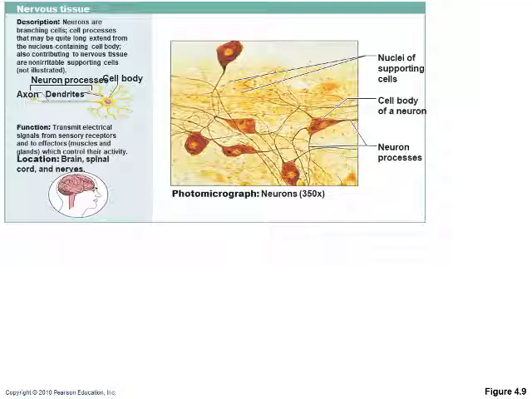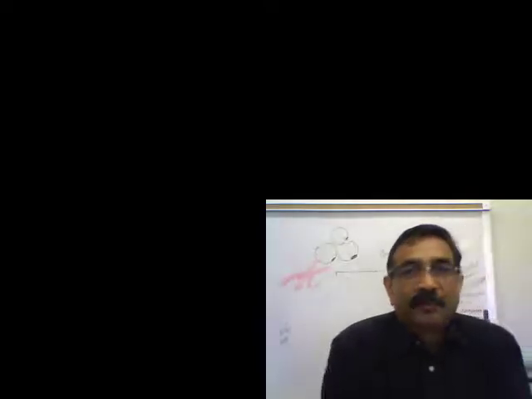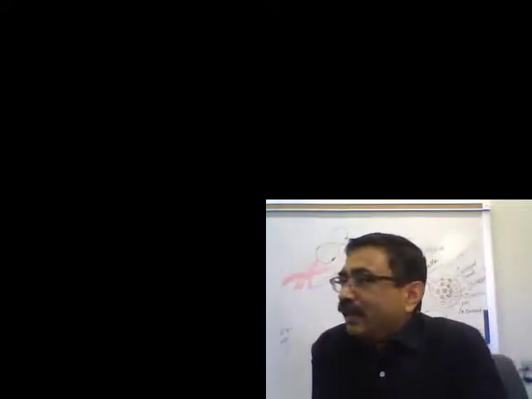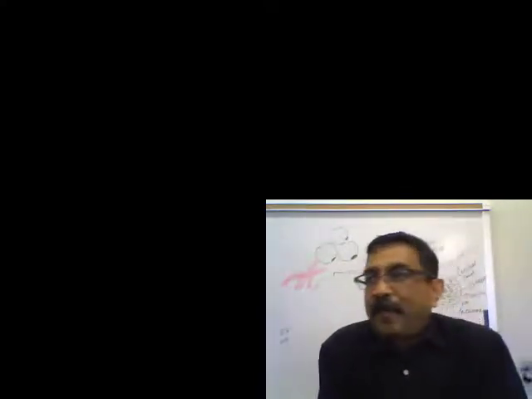Two types of cells are present in the nervous tissue. Main cells are called the neurons and supporting cells are called the neuroglia. So glial cells are supporting and neurons are the main. Make sense? Okay.